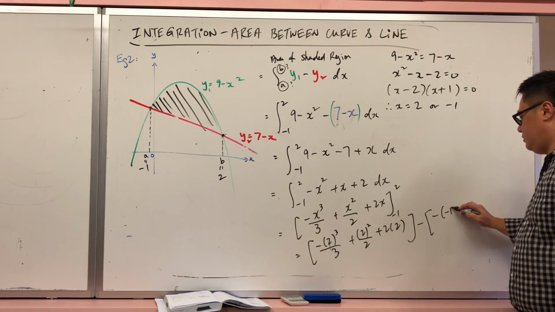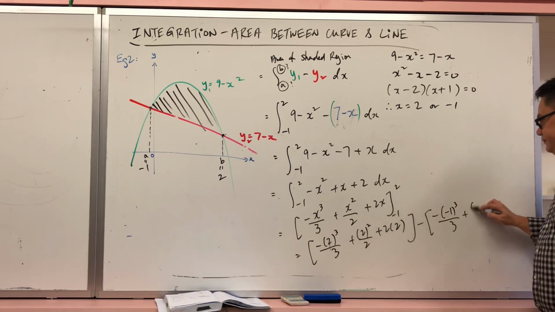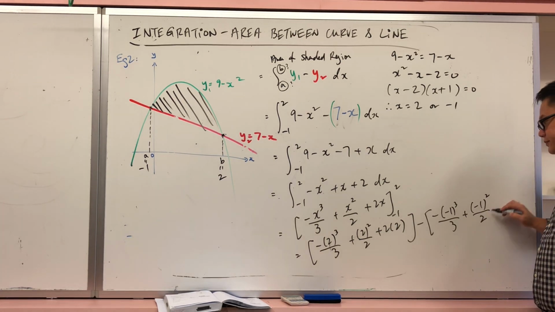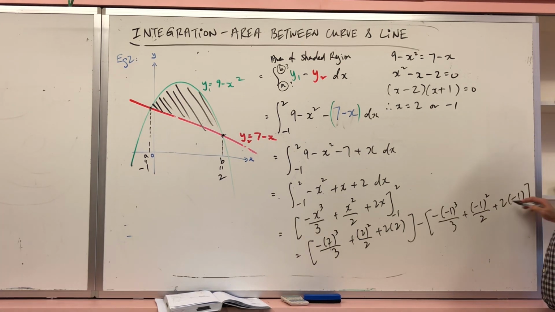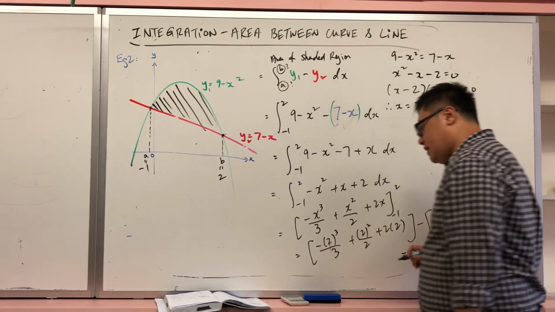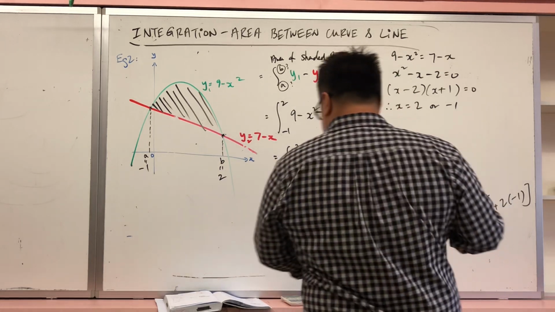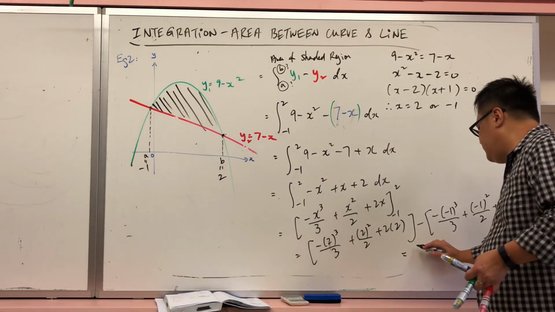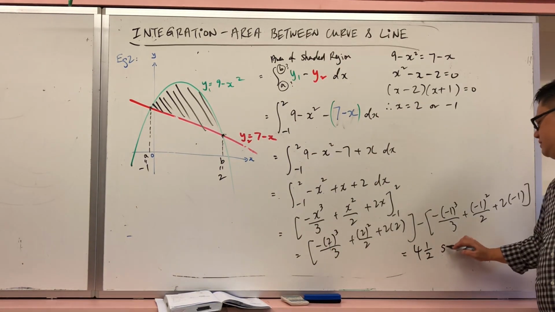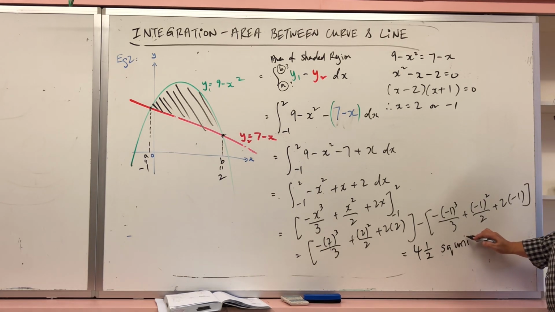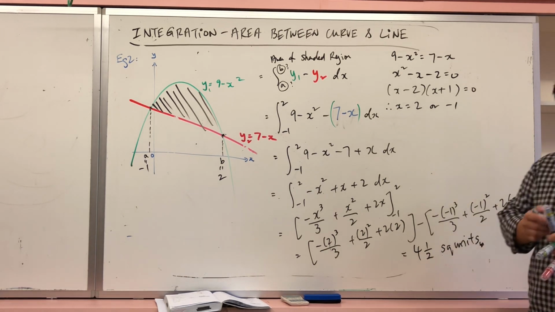Wow, very long, a lot of things to write. But it's not difficult. Just punch your calculator the whole string. So you do it. The value is 4.5 square units.